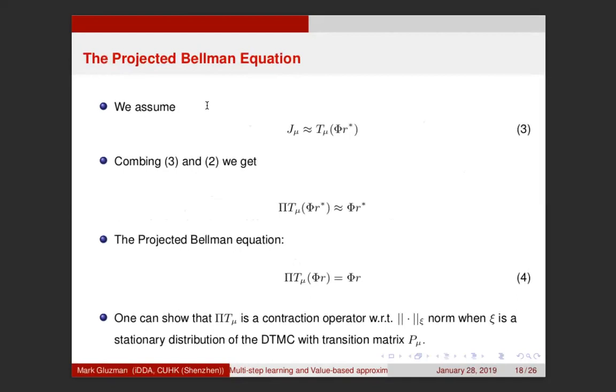So we can choose these weights as the stationary distribution of the Markov chain. Then pi T mu is a contraction mapping. Since this is a contraction mapping, we can hope that, as a result, our equation 4 is basically a fixed point problem with a unique solution.